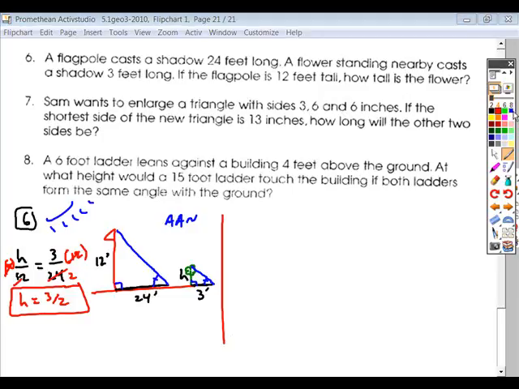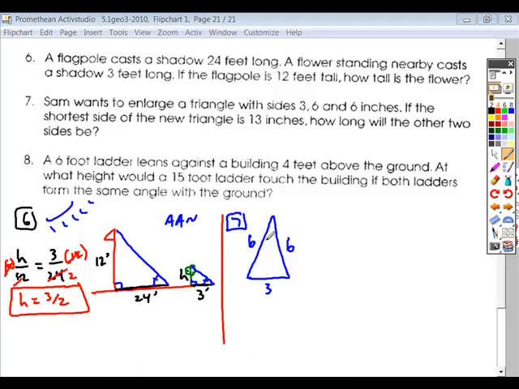Let's say we take the next example, 7. It says Sam wants to enlarge a triangle with sides 3, 6, and 6. So let's say here is our triangle: 3, 6, and 6. If he wants to enlarge this, the shortest side of the new triangle is now 13.